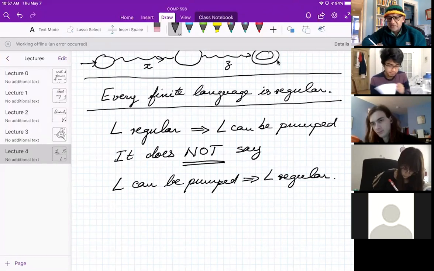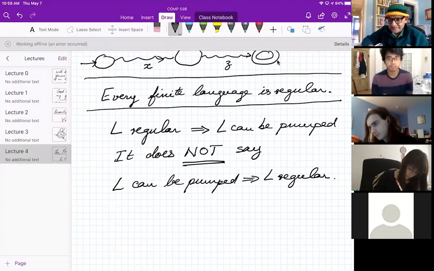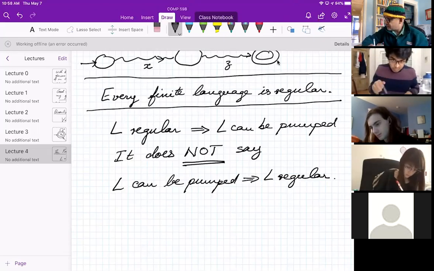In fact, on assignment 2, I'm going to give you an example of a non-regular language that you can pump. But anyway, please note this fact. Pumpability is not a way of proving that a language is regular. It's simply false that L can be pumped implies L regular. We have counterexamples to this. So what is the use of this lemma?